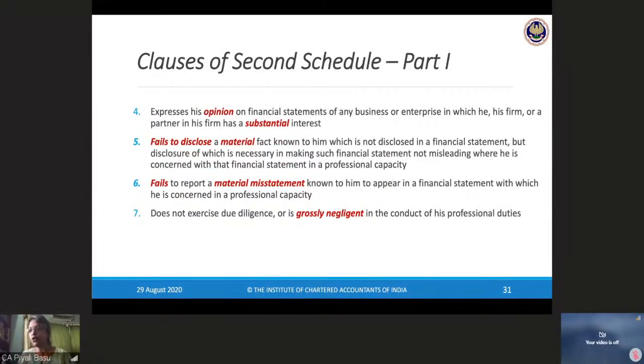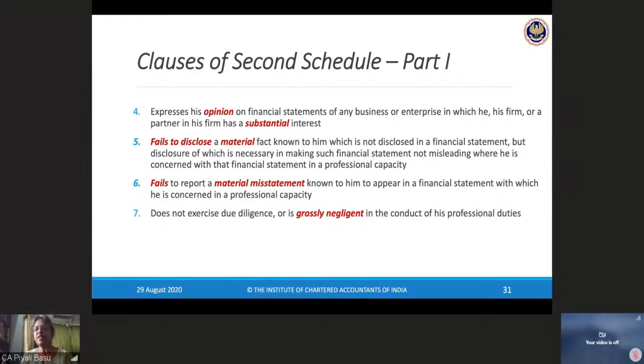Yes, Krunal, an example of clause 5 is non-creation of sinking fund. I'm not taking that example because that is already there in the book. Absolutely correct. I am coming to that, some examples of material fact which is known to me. Had it been disclosed, it would have been less misleading or not misleading.